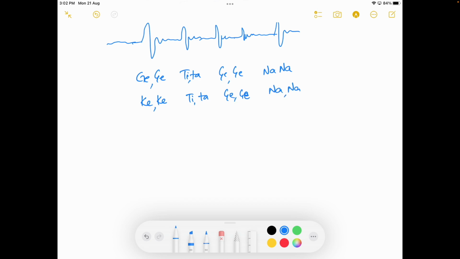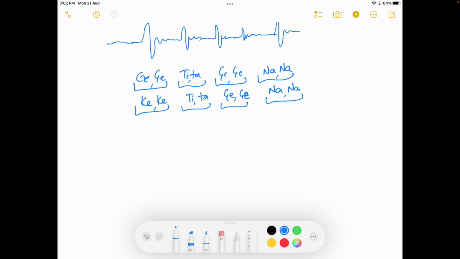Sahi hai na? Okay. Can you pronounce this? How do you say? So it is ge tit. No, do it properly. It's in rhythm. Ge tit ge na na. Yeah. It's basically 2 strokes in 1 beat. So this is 1 beat, 1 beat, 1 beat, 1 beat, 1 beat, 1 beat.